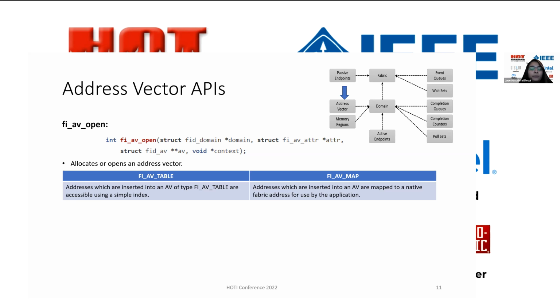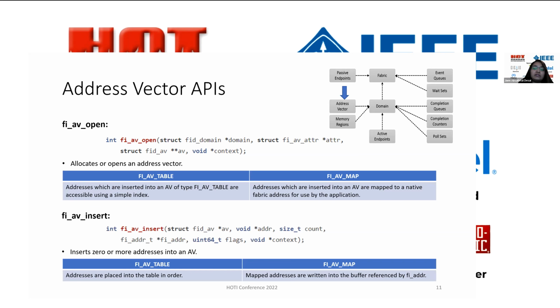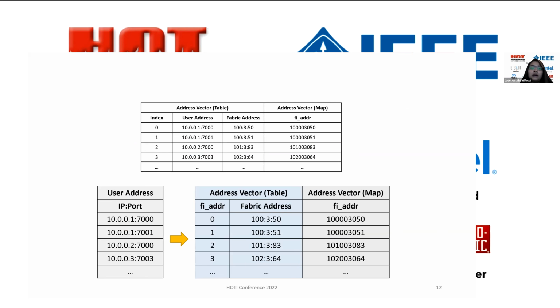So FI AV open is used to open address vectors of both types, and FI AV insert is used to insert addresses into address vectors of both types. And the number of addresses is specified through the count parameter. Here is an example of what addresses look like in FI AV table and FI AV map.